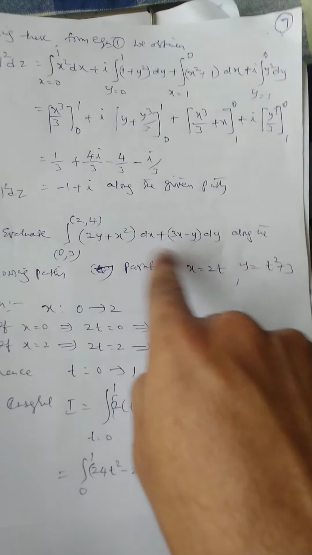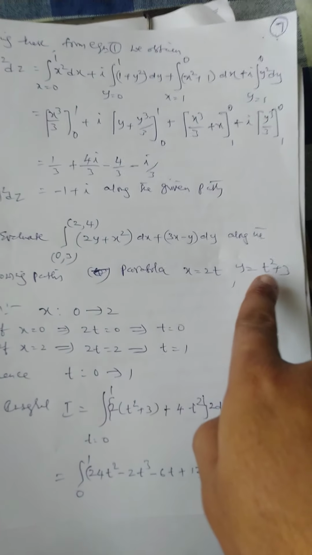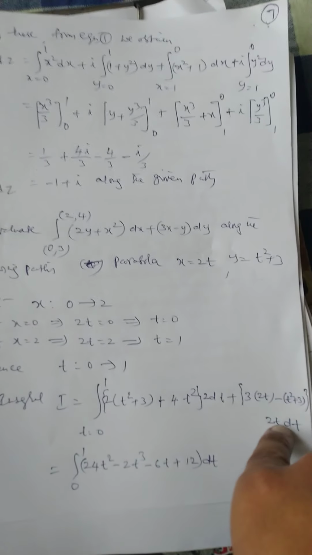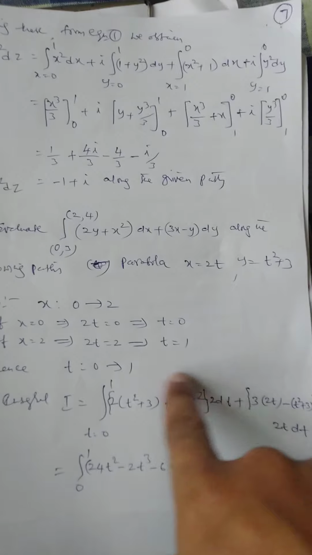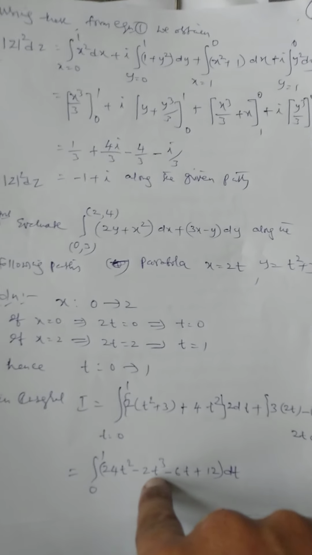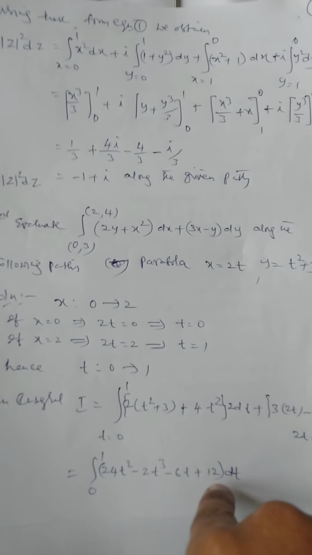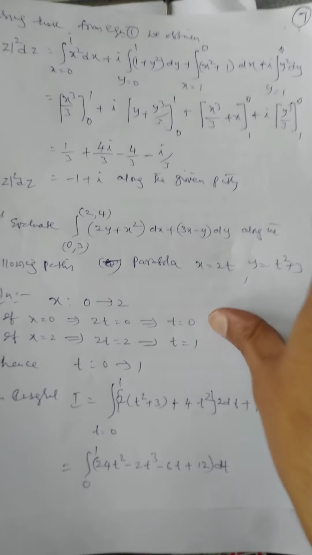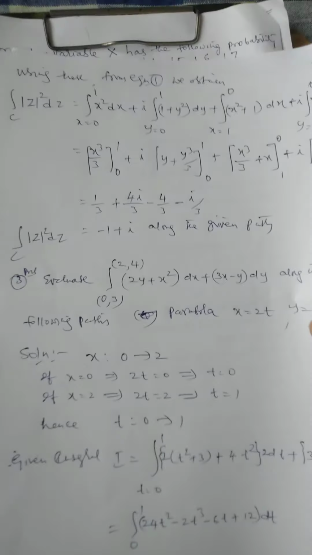I am going to substitute here dy, nothing but 2t dt. On simplification, we are getting this integration from t varying from 0 to 1, 24t square minus 2t cube minus 6t plus 12t dt.